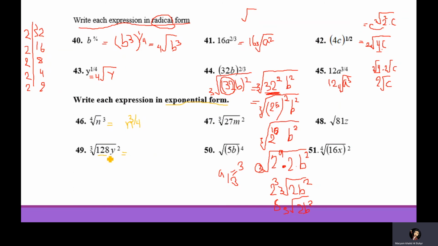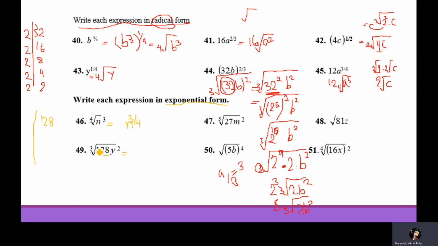So I need to make factorization for this one. Before I do anything, I will make the factorization for this one, then I will start my work. So 128. Definitely some of you can find it directly by calculator. I'll tell you about that, but not all of them, because some of them are not a perfect root for the given degree.